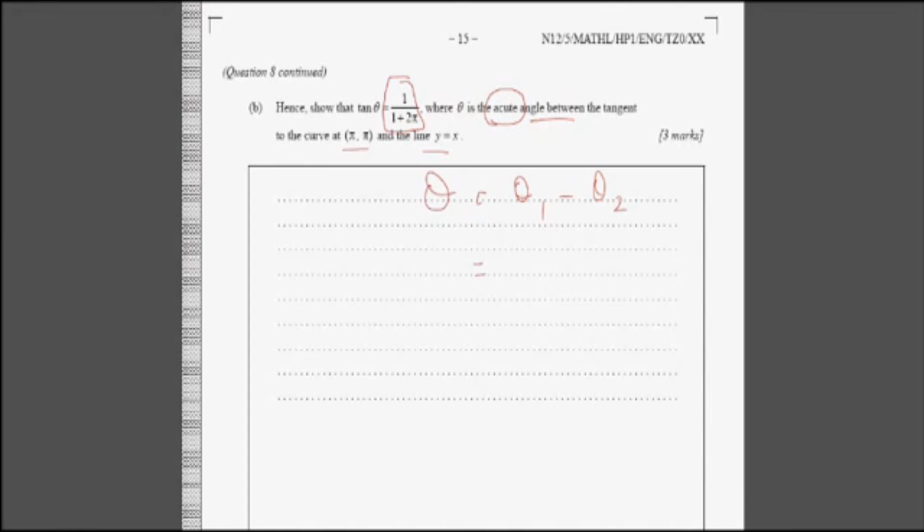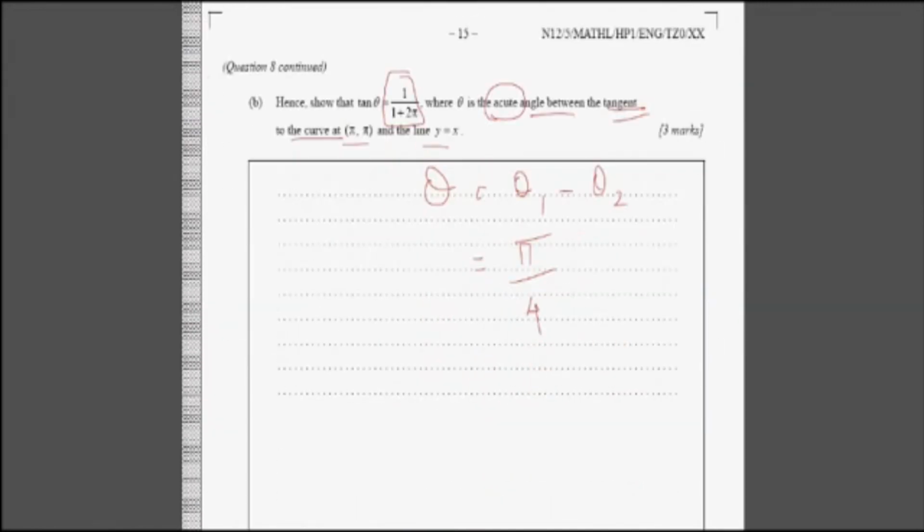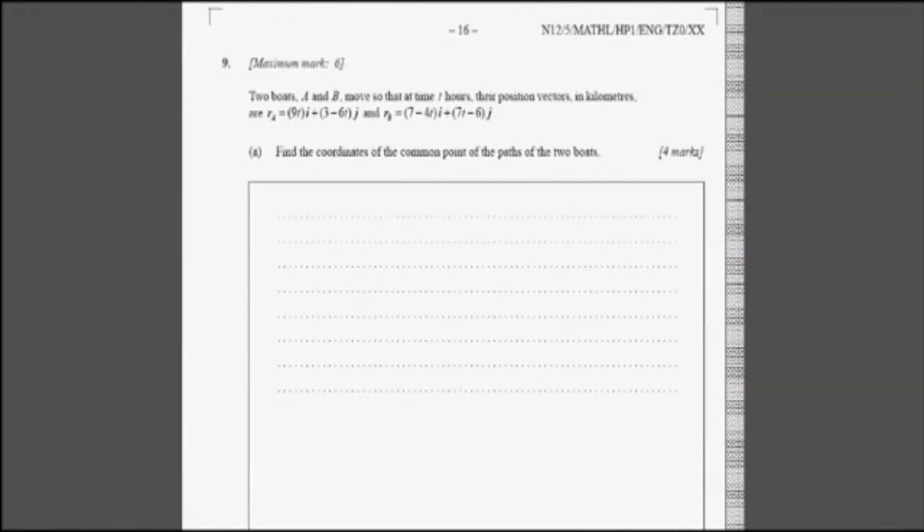The angle of y equal to x is pi over 4, and the tangent to the curve at pi is what you just found from this. If you made a mistake in this, you might still get follow through marks here, minus whatever you got in the previous part. And then this is what your theta is, and then you need to find the tan theta of this. Okay, please check the marking scheme for this.